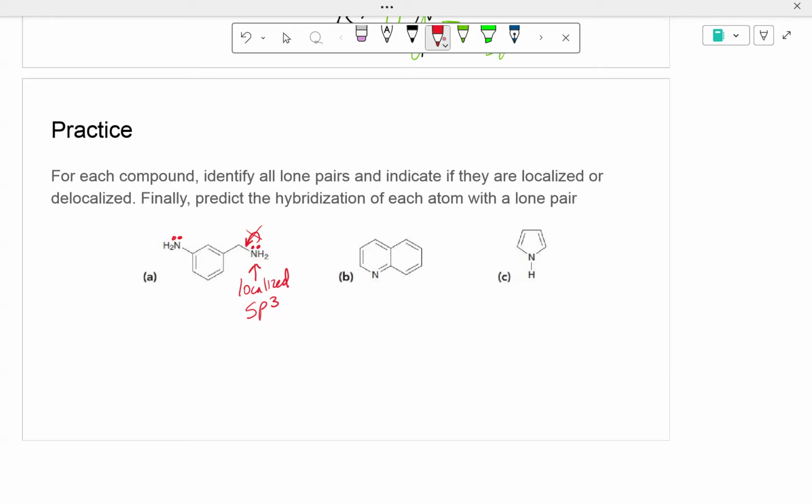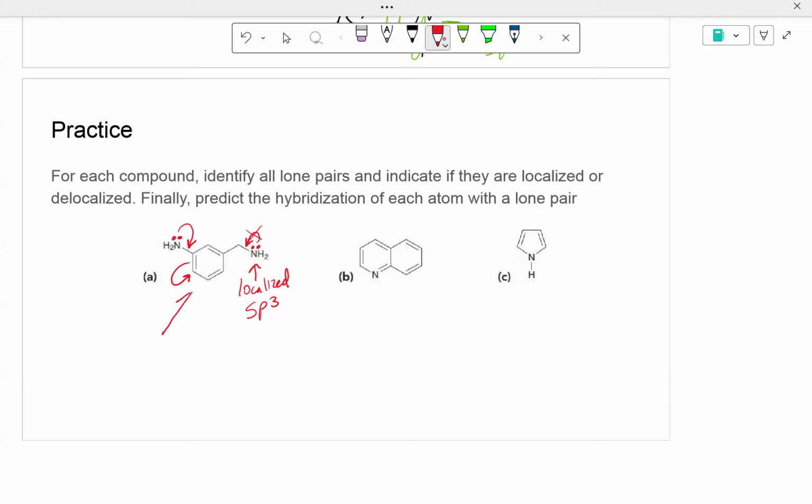Now let's go to the other nitrogen. This lone pair, I can delocalize because I can draw that there, and then I can move those pi electrons there. And I can keep on going, but I just want to demonstrate this one point of showing that the lone pair is delocalized into the ring.